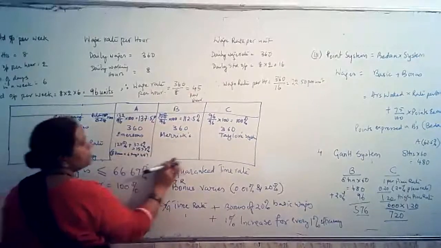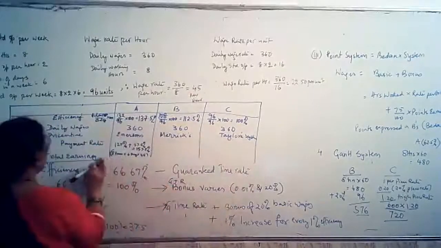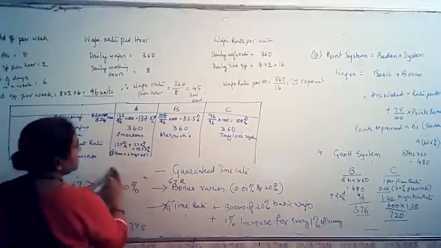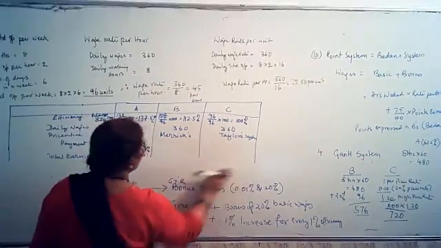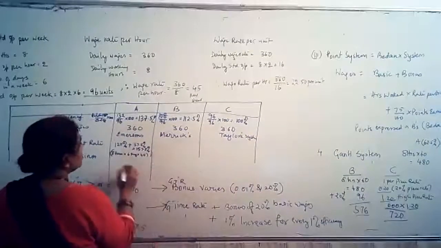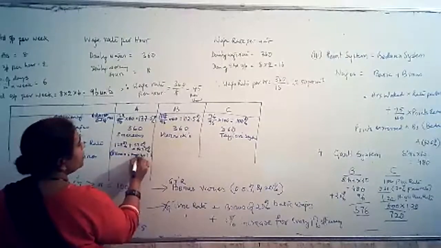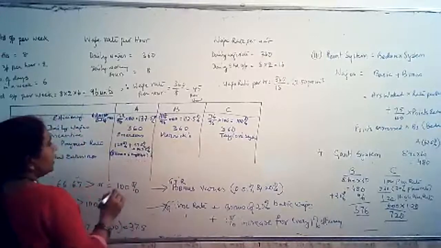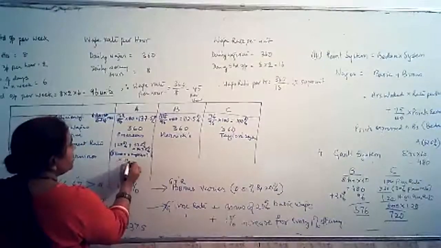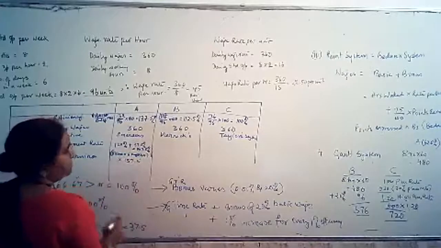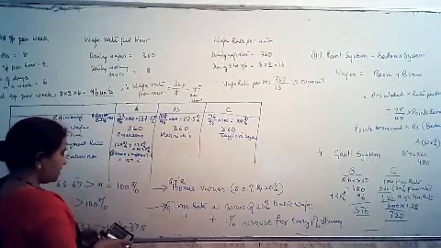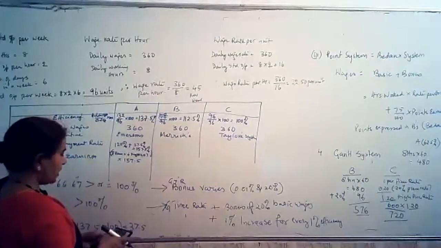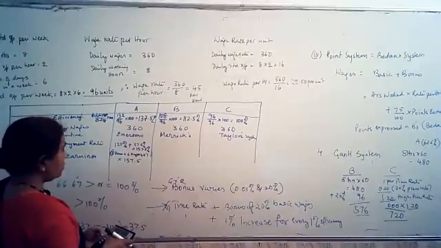I will just increase my box size because that will not be enough. I will erase the first part also. So 8 hours into 6 days into 45 rupees, multiplied with 157.5%.